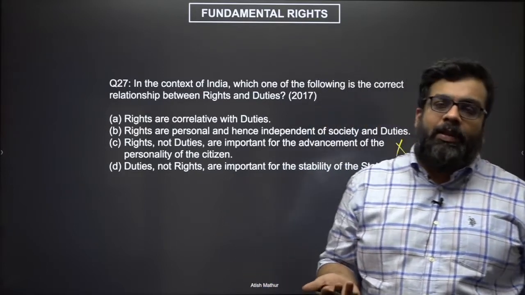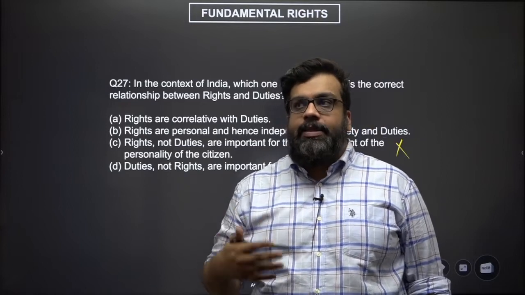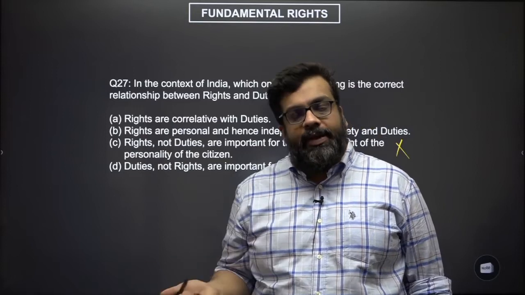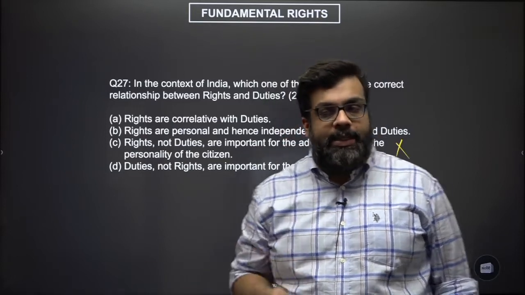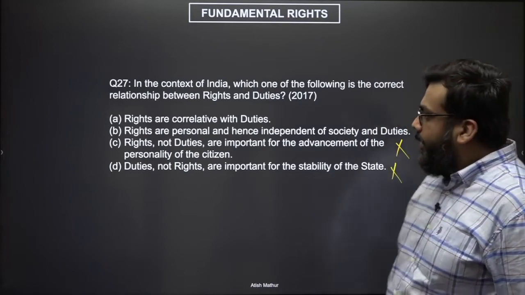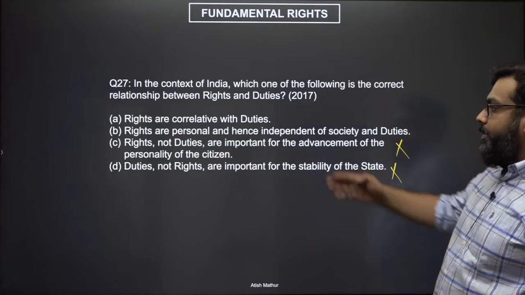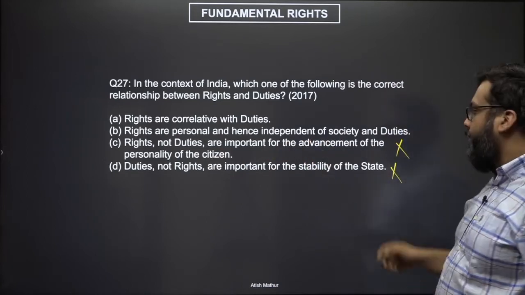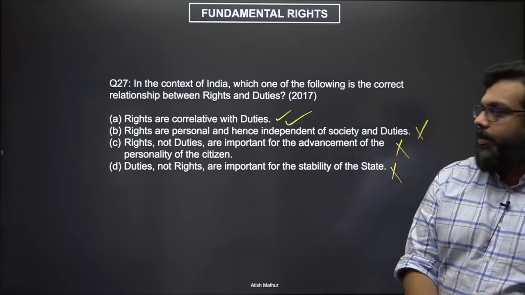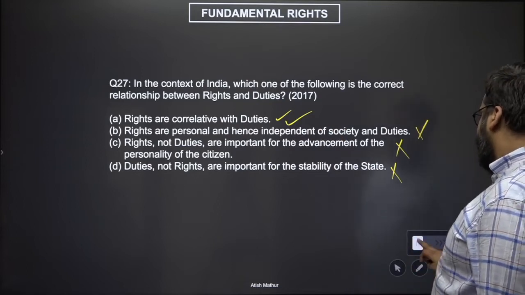That is not going to help in the stability of the state, which means that if people are not protected against exploitation, it does not matter, because that does not have any effect on the stability of the state. That is actually incorrect. You require fundamental rights to stabilize the state. Rights are personal and independent of society and duties? No, because rights exist in a social context. Rights are correlative with duties. We've done this before. Absolutely. The correct answer is A.